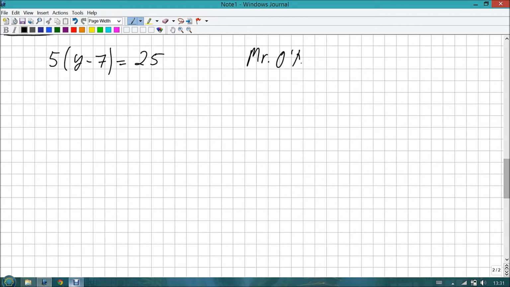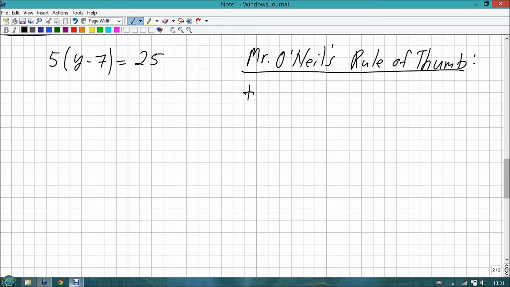So Mr. O'Neill's rule of thumb is this. To get rid of addition, you add.